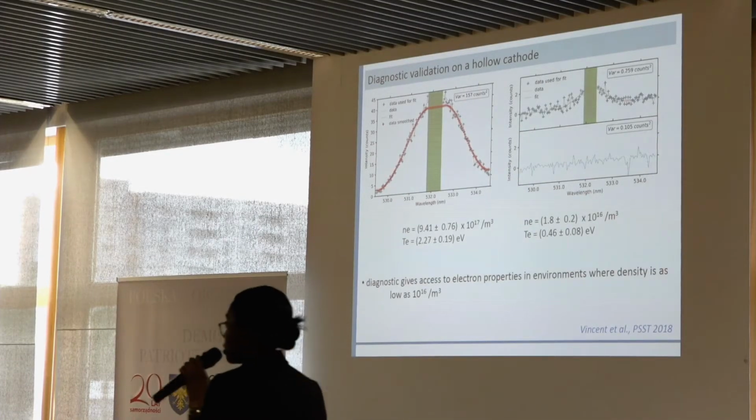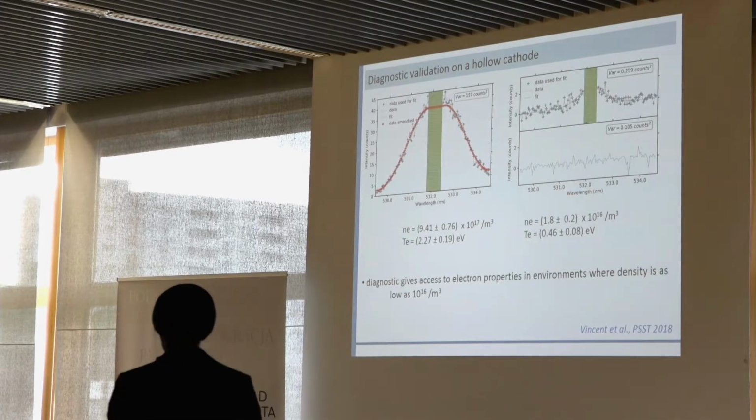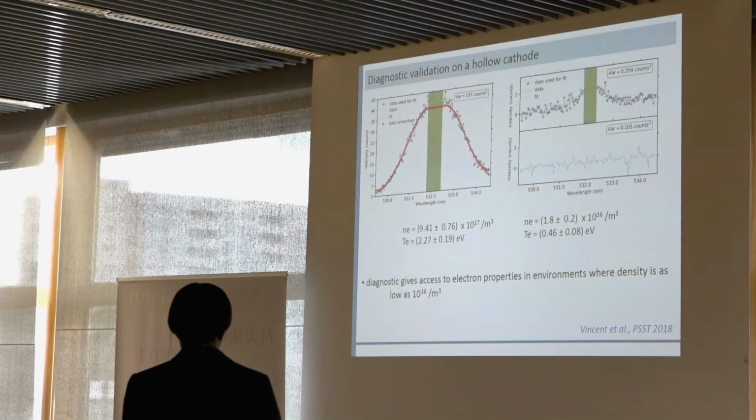And it shows the sensitivity of the diagnostic. You can see here, this is just 2 counts. We're basically able to resolve a very weak signal and very low densities. So this is validation of the design choices, and particularly the use of the single monochromator and the new Bragg notch filter.